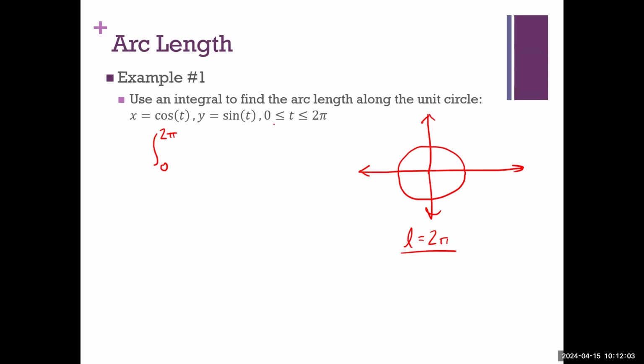So I gave you the bounds here, from 0 to 2 pi for our interval of t. So what is the function we're going to integrate? How do we set that up? Right, so let's find those. What is dx/dt?